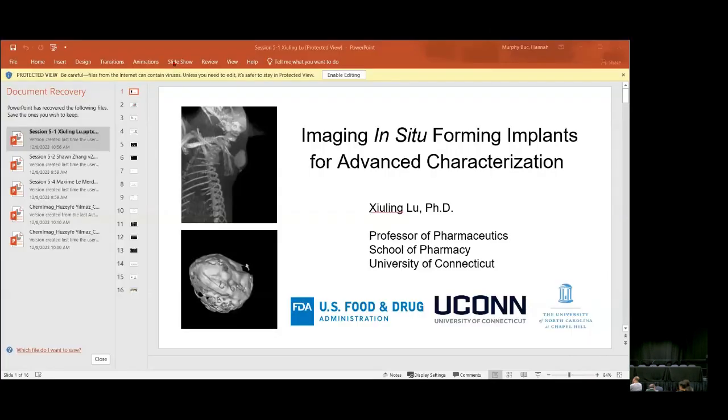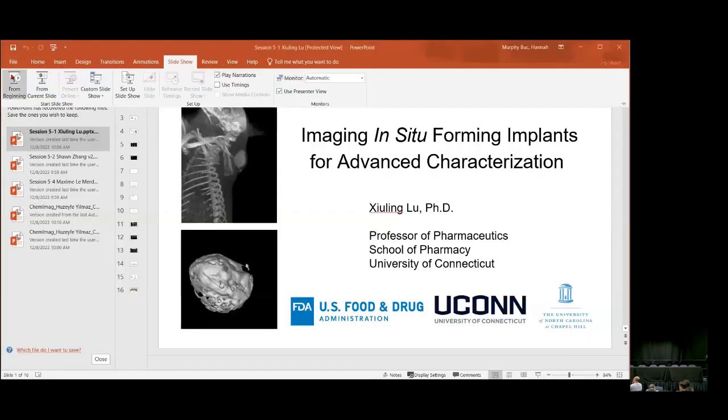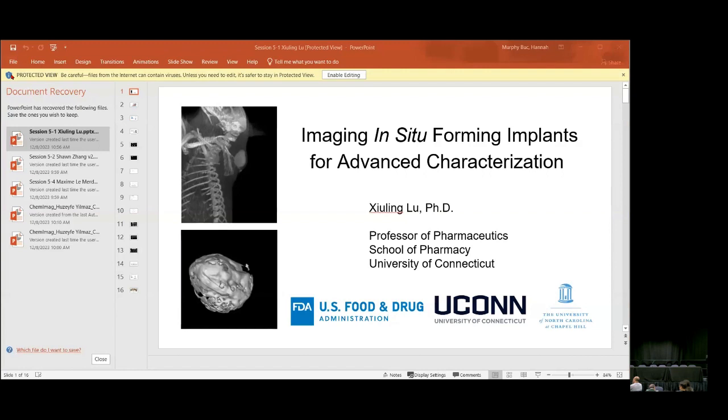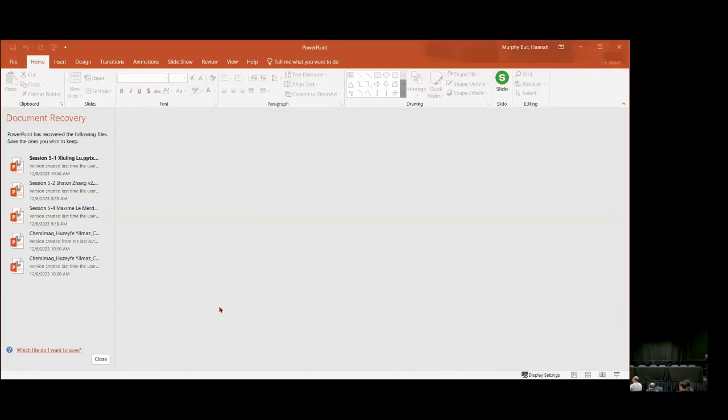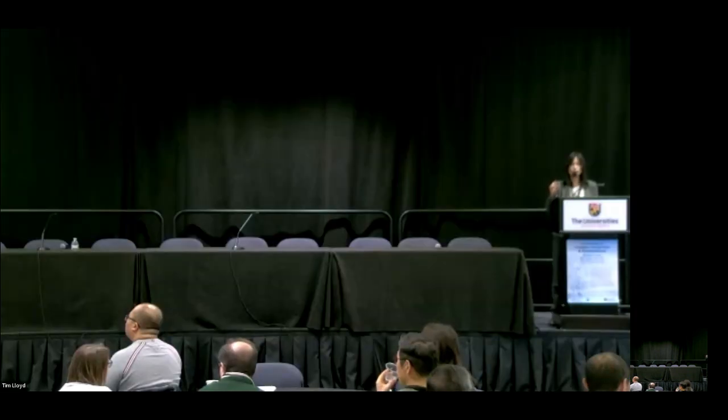So we start with our model drug-device combination product. It is Eligard. We all know that it has two parts. One syringe contains the drug, a lyophilized powder of leuprolide acetate, and the other is a syringe containing Atrigel, a mixture of PLGA and the solvent NMP.